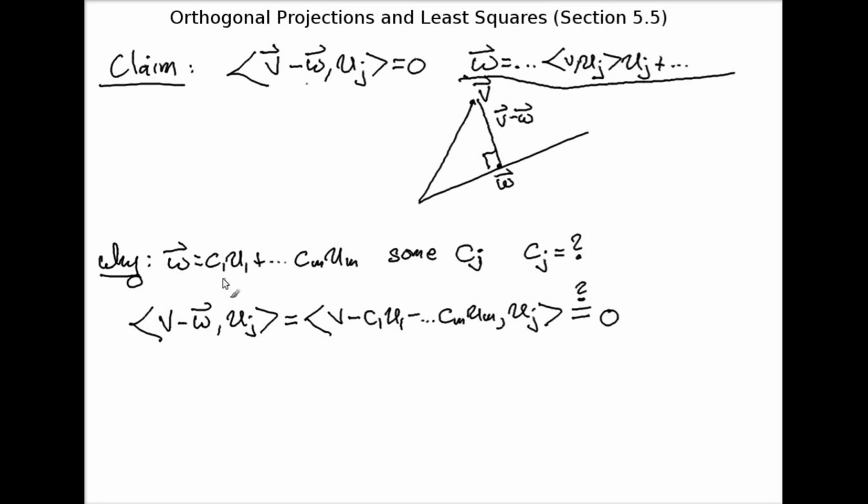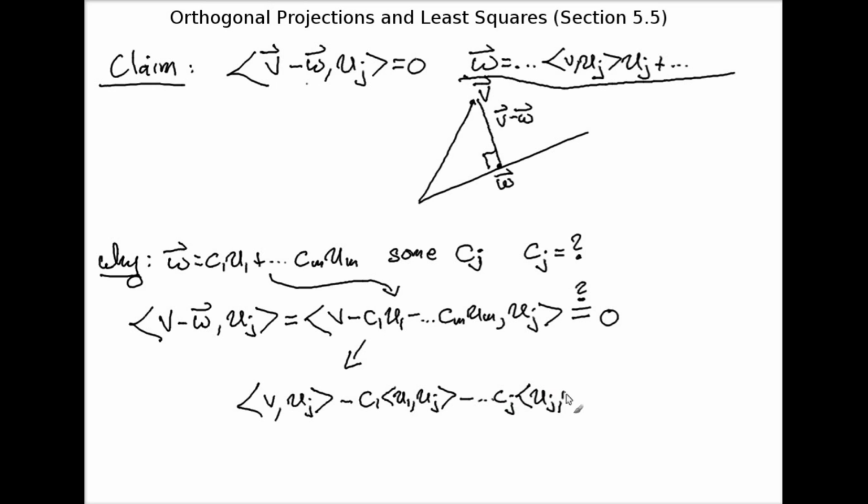So here I just plugged in this for W. And what is this inner product? Well, this is equal to the inner product of V and uj minus c1 times the inner product of u1 and uj minus dot dot dot, and you get all of these ui uj's, and at some point you get cj times the inner product of uj and uj, and that's supposed to be 0.